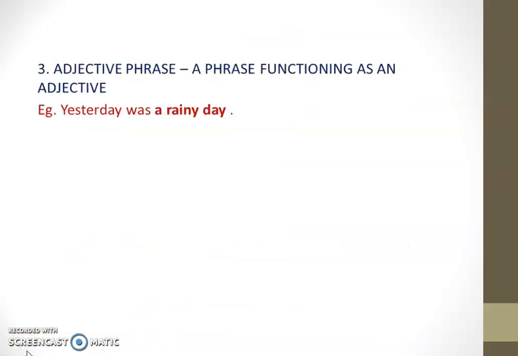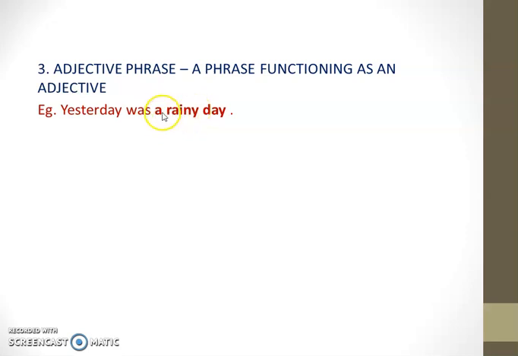Coming to the next type of phrase, it is the adjective phrase. Like a noun phrase, an adjective phrase can function like an adjective. A noun phrase functions like a noun, just like that. An adjective phrase functions like an adjective. If you take a look at this example, yesterday was a rainy day, and the adjective phrase is a rainy day.